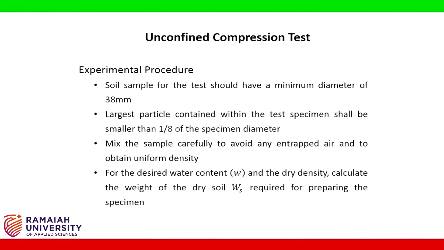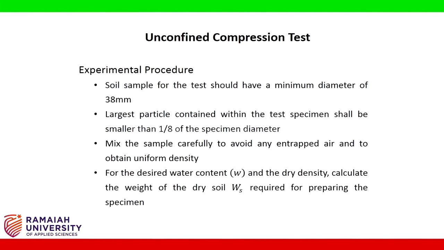Experimental procedure: soil sample for the test should have a minimum diameter of 38 mm. Largest particle contained within the test specimen shall be smaller than 1/8 of the specimen diameter. Mix the sample carefully to avoid any entrapped air and to obtain uniform density.